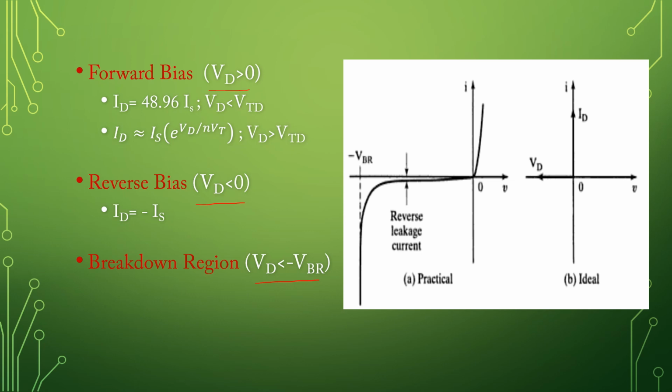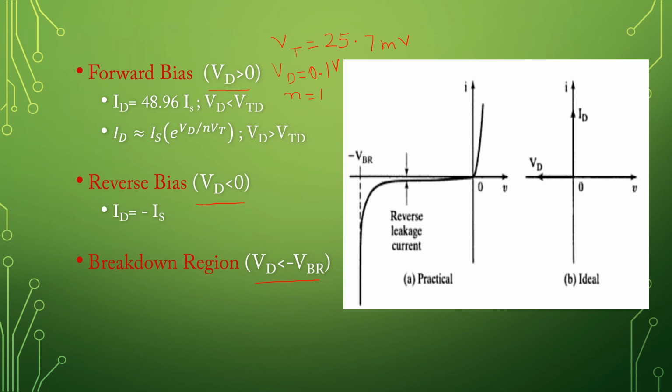Now let us consider a small voltage where Vd is equal to 0.1 volt, and n equal to 1, that means for germanium, and we have seen that our thermal voltage at 25 degrees Celsius is 25.7 millivolt.